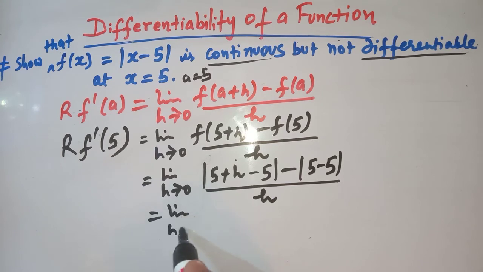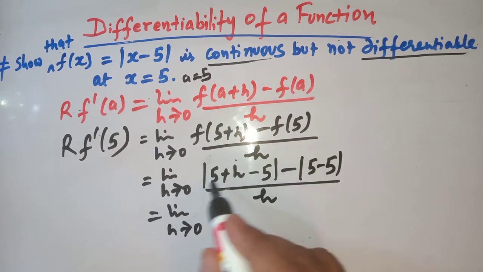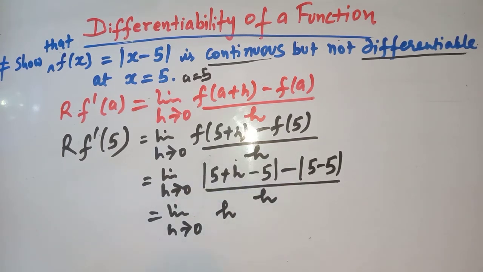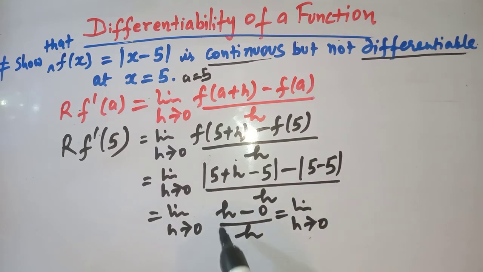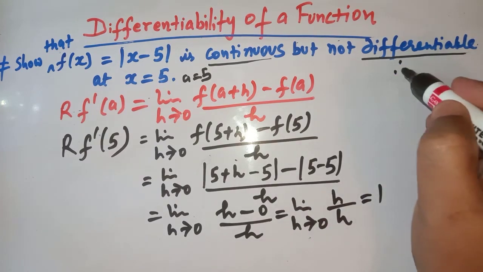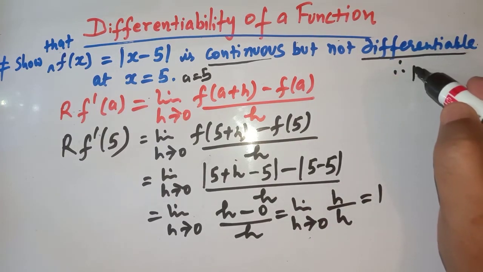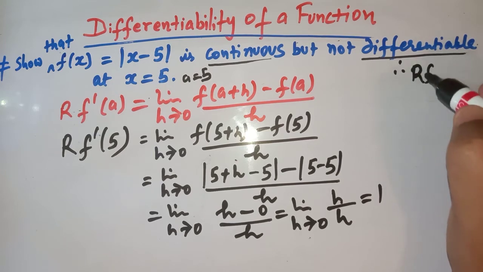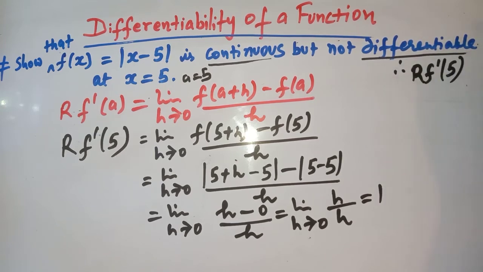So this is limit h tends to 0, 5 gets cancelled, mod of h is equal to h, and mod of 0 is 0, so h minus 0 over h. So we have limit h tends to 0, h minus 0 is h over h, so h gets cancelled, we have 1. So therefore the value of R f prime of 5 is equal to 1.